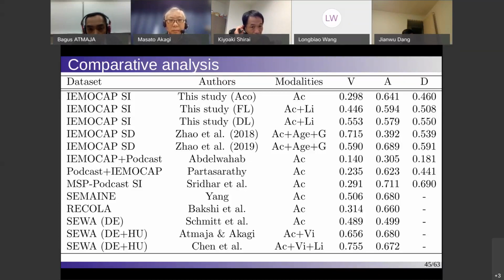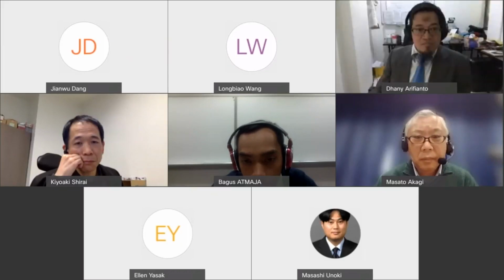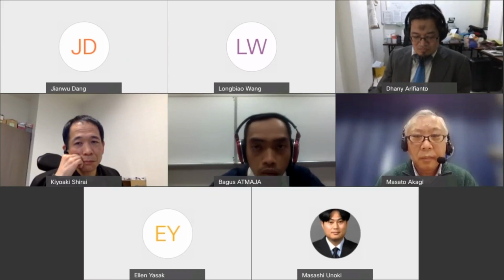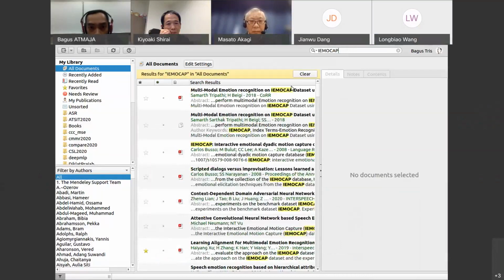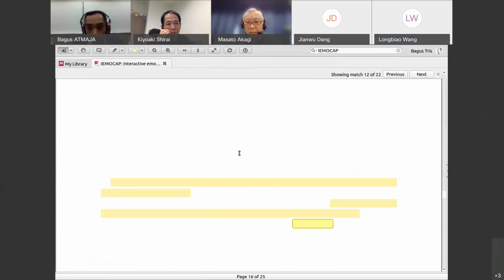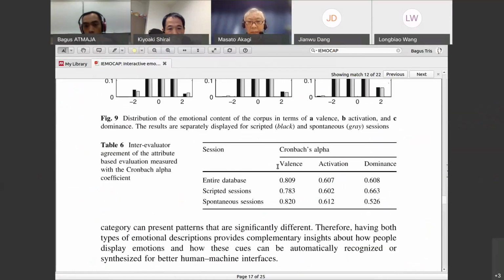Okay, can I share this? I can open it, so I show you one reference of IEMOCAP data. Here is the agreement between the annotators.